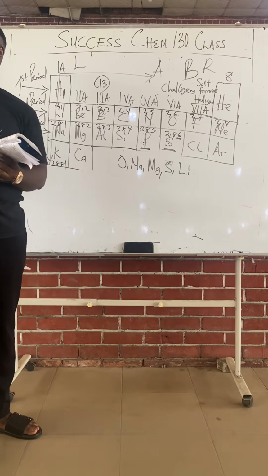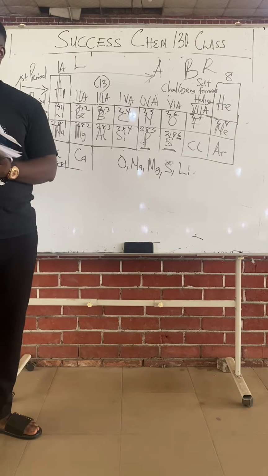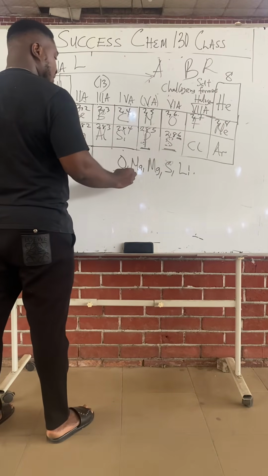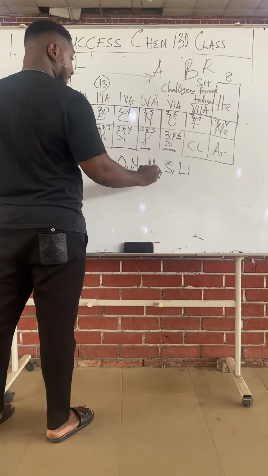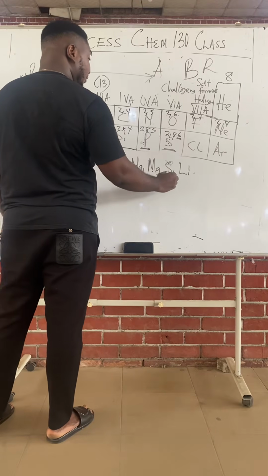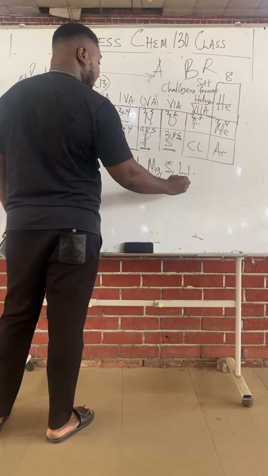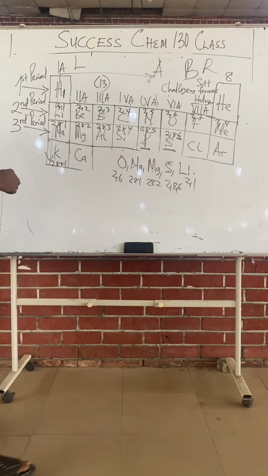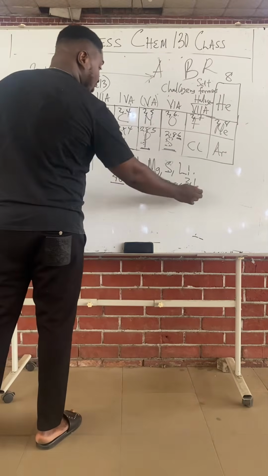Increasing means from smallest to biggest. Who is the smallest? Oxygen is 2,6, sodium is 2,8,1, magnesium is 2,8,2, sulfur is 2,8,6, lithium is 2,1. Who is the smallest? Oxygen. Between oxygen and lithium, oxygen is the smallest, right?